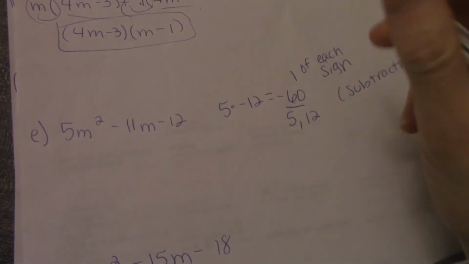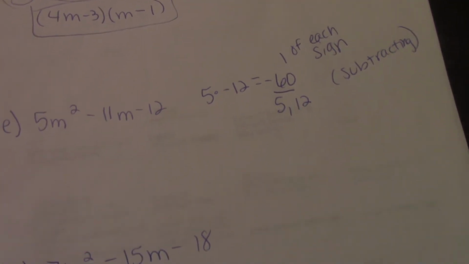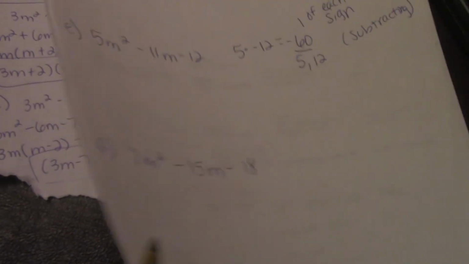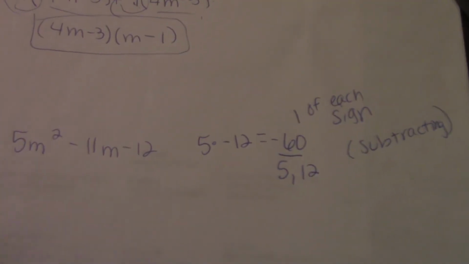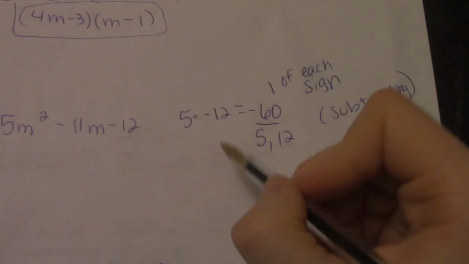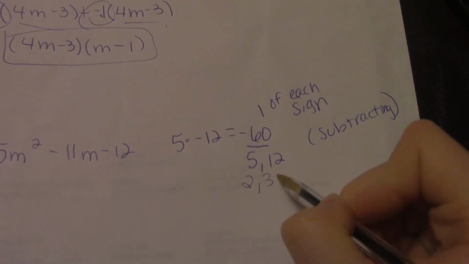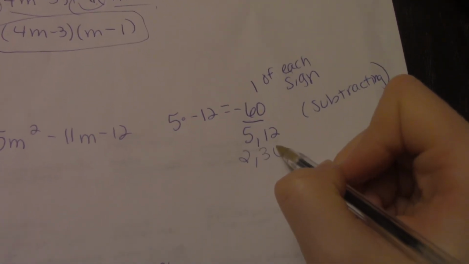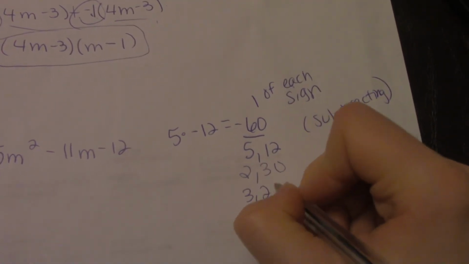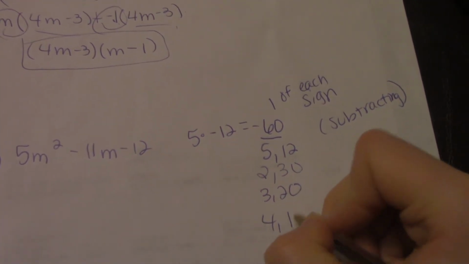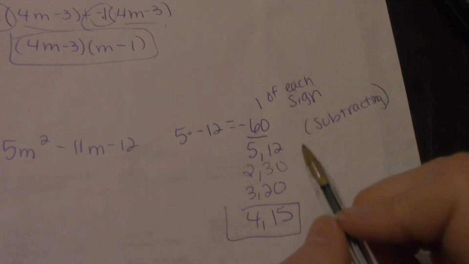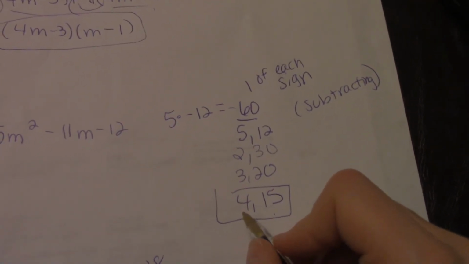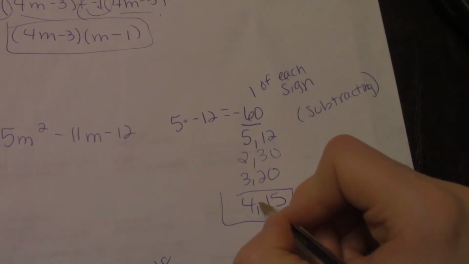So we have 2 and 30, not 2 and 60. We have 3 and 20, 4 and 15. This one will subtract to get 11. So 15 minus 4 is positive 11, but 4 minus 15 is our negative 11.